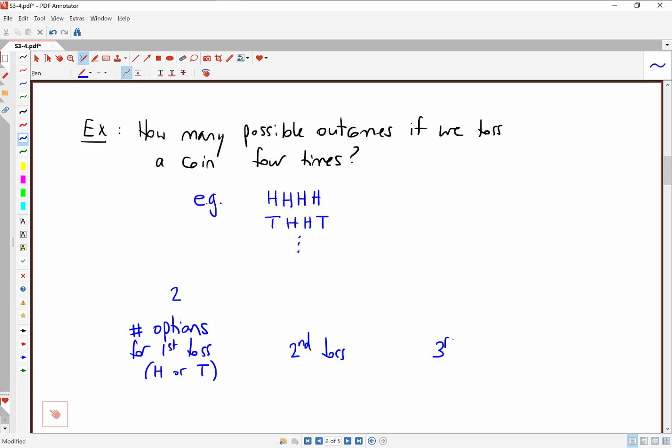And then there will be a third toss, and then there will be a fourth toss. So whenever you find yourself saying "and then," that means you're doing a sequence of activities, and we're just going to multiply the number of possibilities at each stage. So there are 2 options for what the second toss could be, either heads or tails, 2 options for the third toss, and 2 options for the fourth toss. So we're just going 2 times 2 times 2 times 2 equals 16. And that's our final answer. If you were to write out all the possibilities, you would have 16 possibilities in this list.